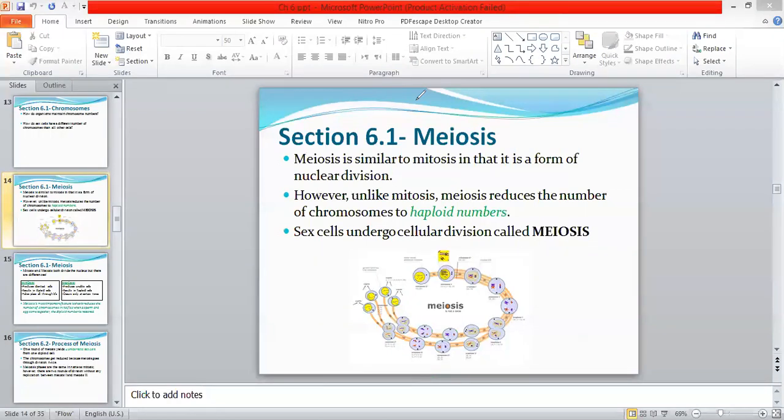In both of them, the nucleus is divided, but mitosis occurs in diploid cells, and meiosis occurs in sex cells, which means mitosis occurs in body cells, while meiosis occurs in sex cells. And the sex cell undergoing division is called meiosis.